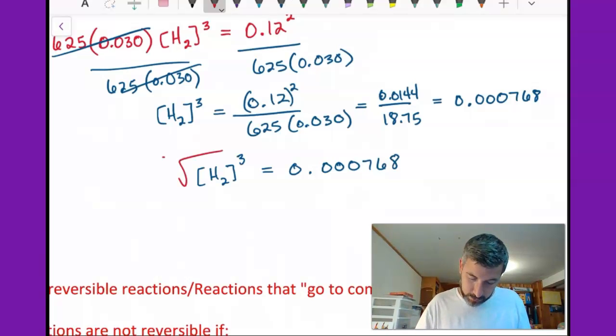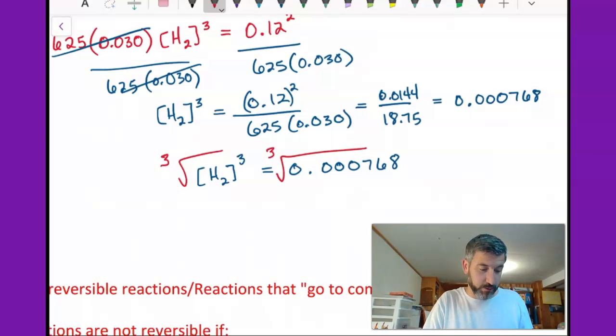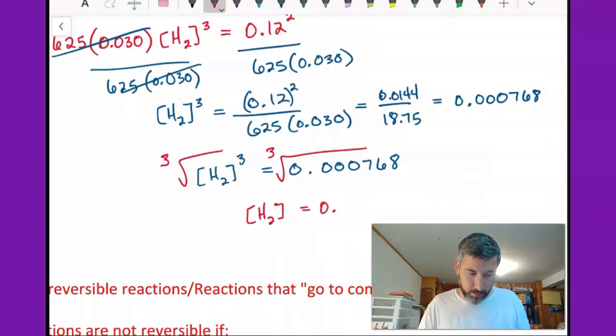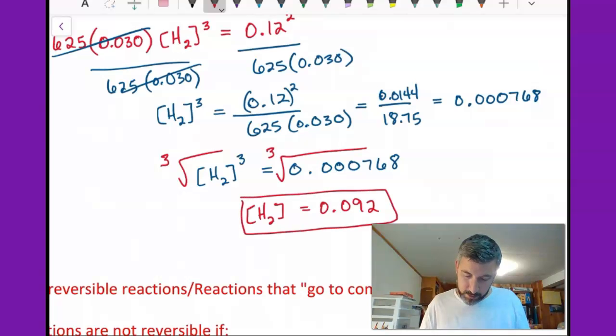So if I just go ahead and take the cube root of both sides, which you can do on your calculator, I'm just going to hit, oops, I hit the wrong button. 0.000768, and then I hit the little cube root button, and I get concentration of H2 at equilibrium equals 0.0915, which it looks like 2 sig figs in my concentrations to start with. So that's going to round to 2 sig figs there.